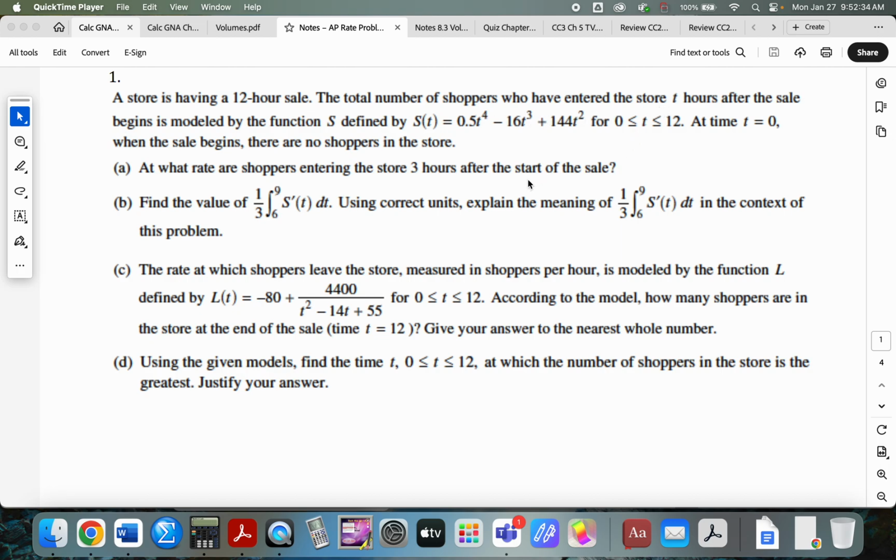So what do we need to do to find the rate at which the shoppers are entering the store 3 hours after the start of the sale? Yeah, we just need to know what is S prime of 3.